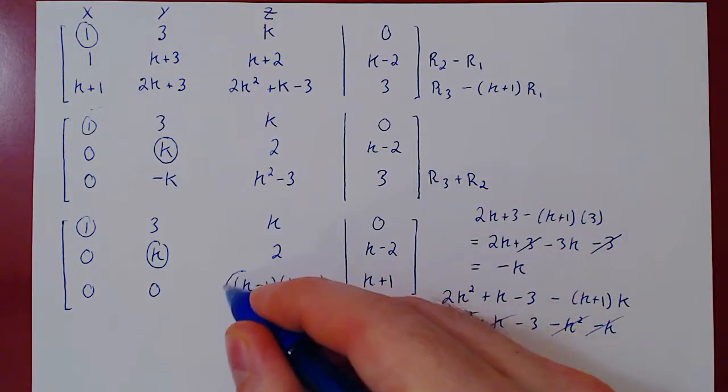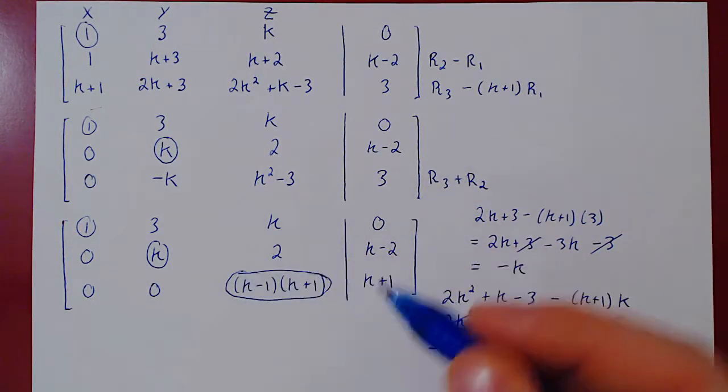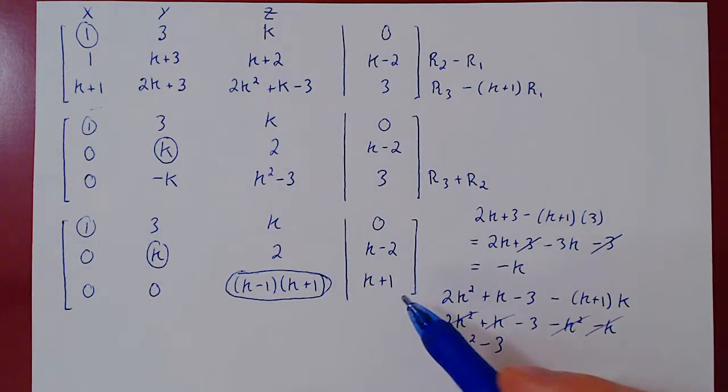And this is our other potential leading 1. We've reached the bottom row, so we're done with our reduction at this point.